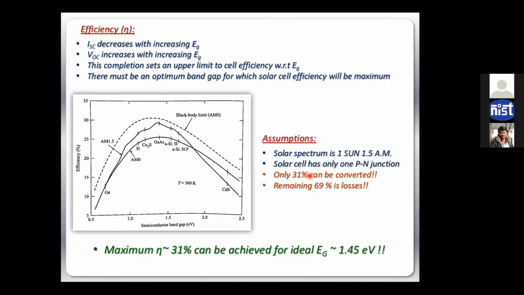So either we have to find ways to go beyond this 31%, or we have to find other materials which are much cheaper than silicon, so that even if they produce 20 or 25% efficiency, the production cost will be much lesser than the current electricity bill. So there are two approaches.